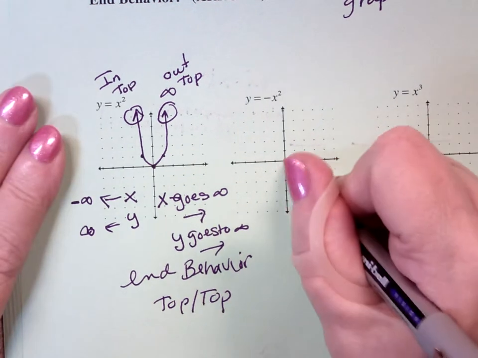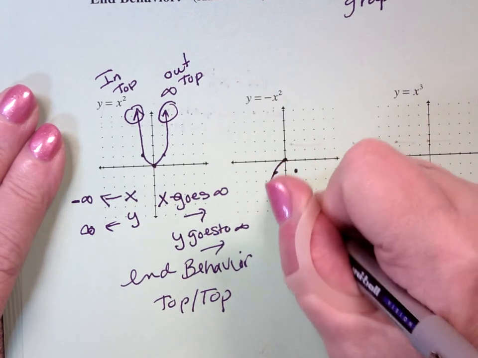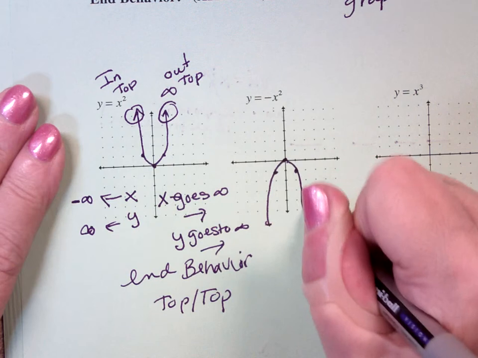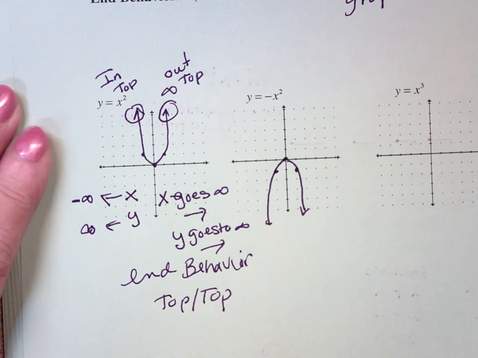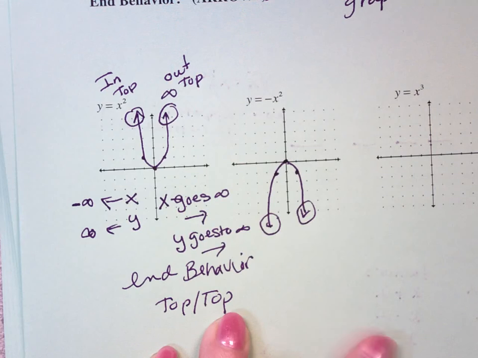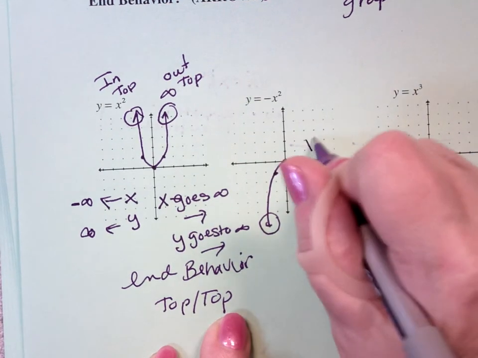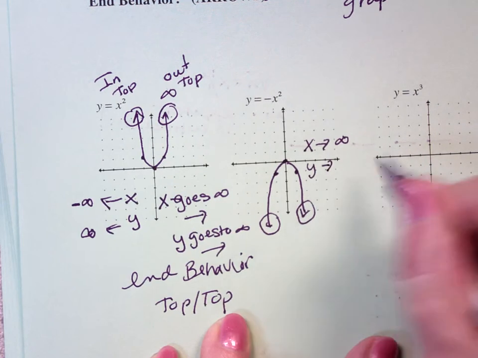Now, if I look at minus x squared, as x goes to positive infinity, where does y go?